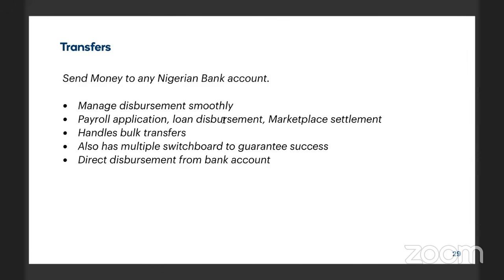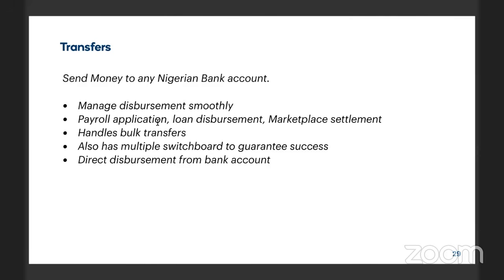We also provide a way for you to do bulk disbursements, right? So you don't have to settle just one account at a time. So if you're managing a payroll, for example, you can build a payroll application that pays 1,000 people at the same time with just one API call. And you don't need to queue it, or write any special service. You just send an array containing the transfer recipients and the amounts that they're supposed to get.